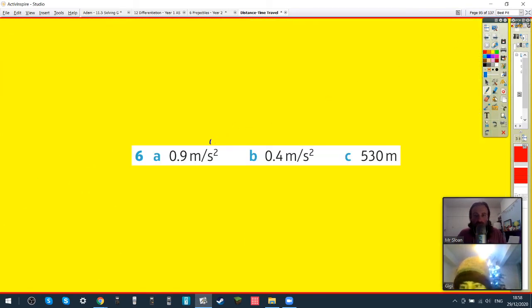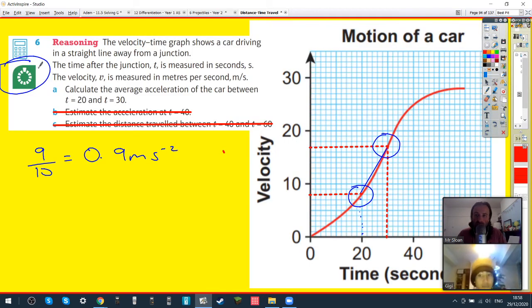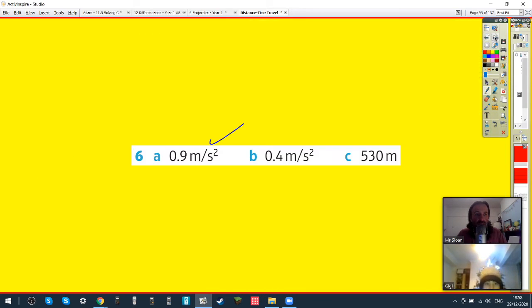Did that work? 0.9 meters per second squared. That's grade 9 right there, allegedly.